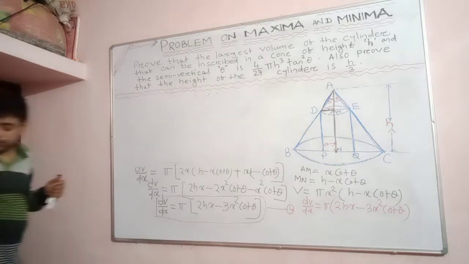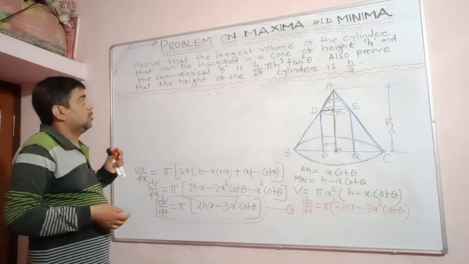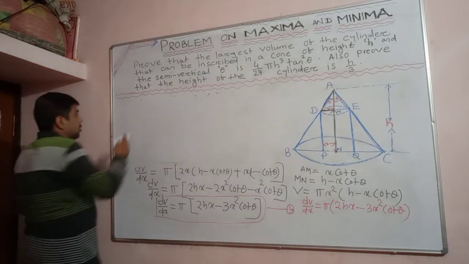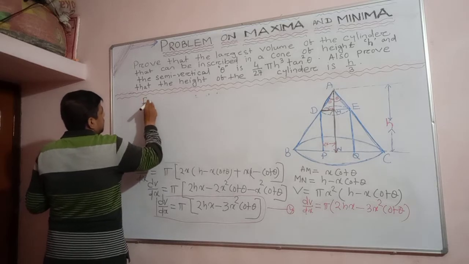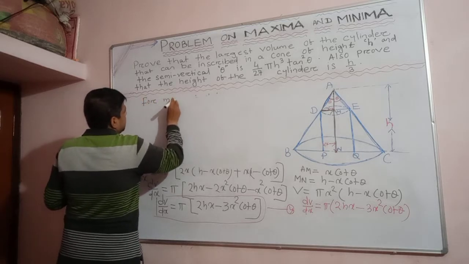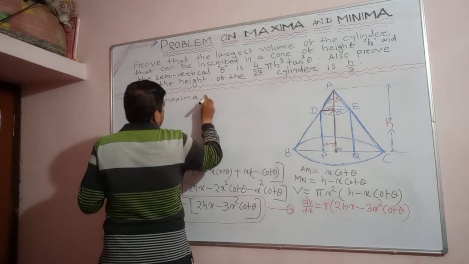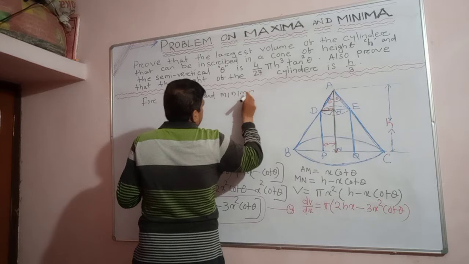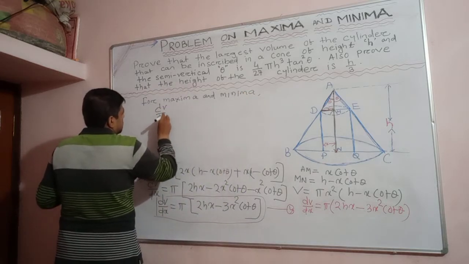So for the maxima we have to prove that the volume of the cylinder is maximum. So we have to check it, we have to prove it. For the largest volume, for maxima and minima of the function, we have to find the critical point, so the derivative of the function must be equal to 0.